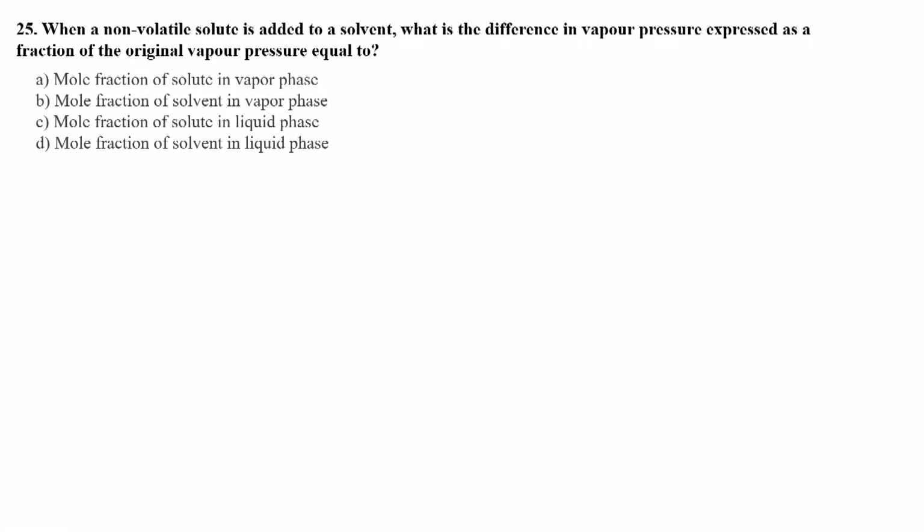Problem number 27 says, when a non-volatile solute is added to a solvent, the difference in vapor pressure expressed as a fraction of the original vapor pressure is equal to: mole fraction of solute in vapor phase, mole fraction of solvent in vapor phase, mole fraction of solute in liquid phase, or mole fraction of solvent in liquid phase. So option C is correct.